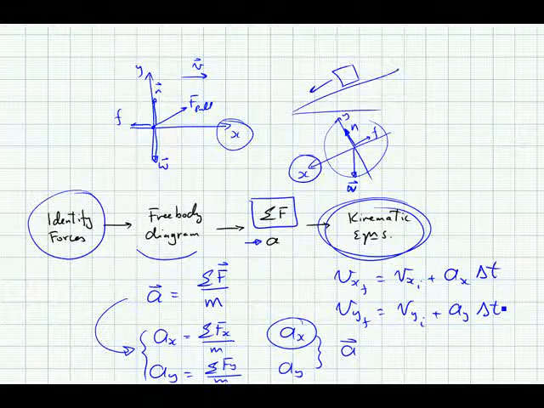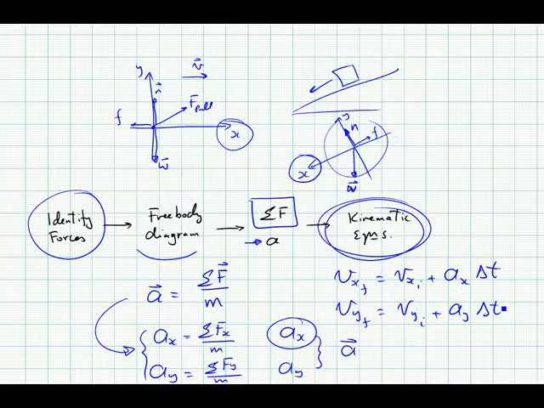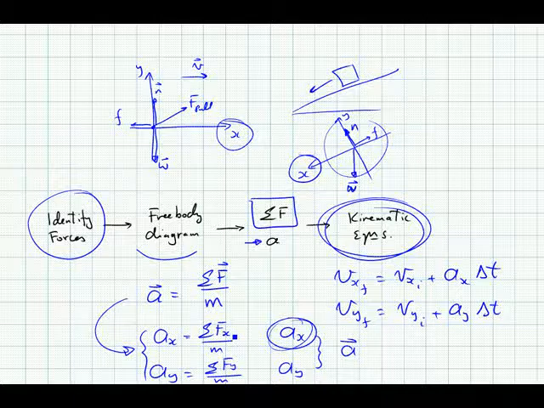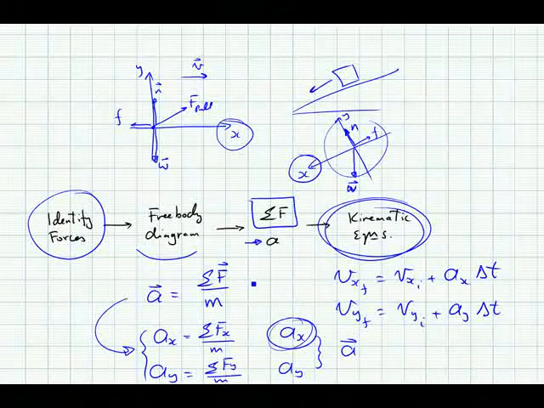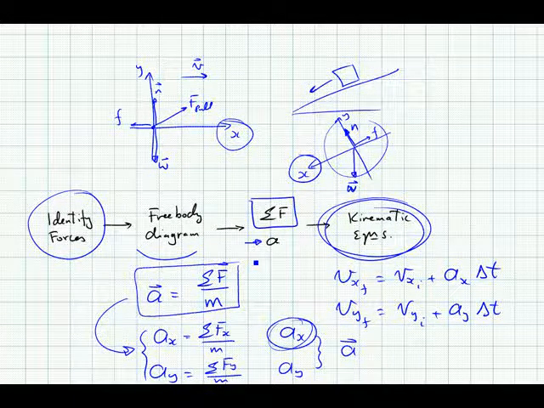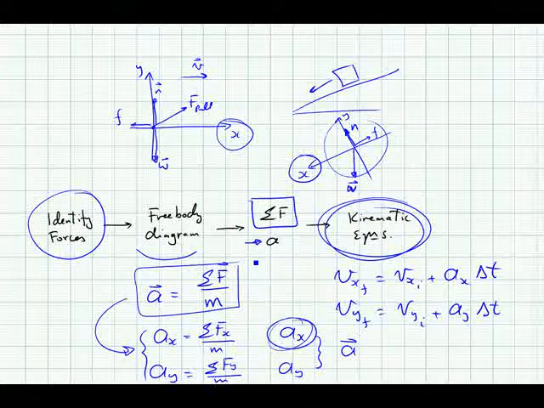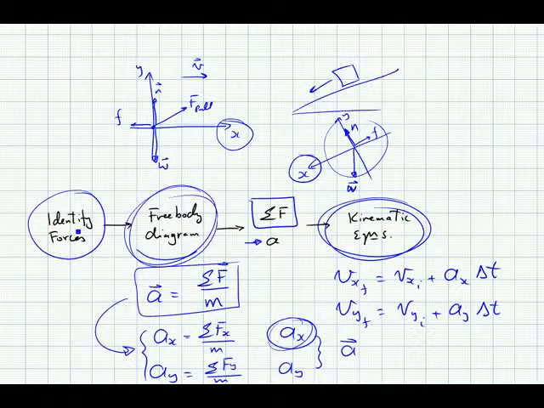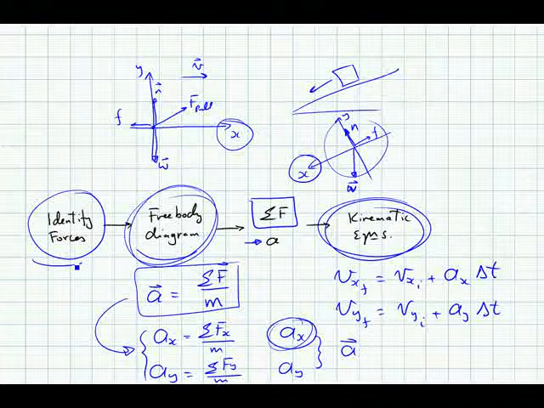So you use the kinematic equations in the last step, after having figured out the acceleration using Newton's second law, which you apply having developed your free body diagram after you identify the forces.